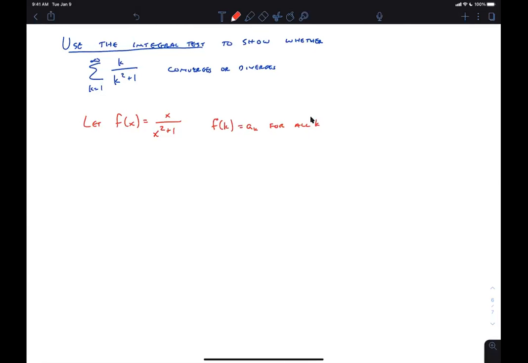All right, so anyway, to do the integral test, you've got f of x equals this, and f of k then equals a sub k for all k, because they're the same formula. And then f has to be continuous, positive, and decreasing.